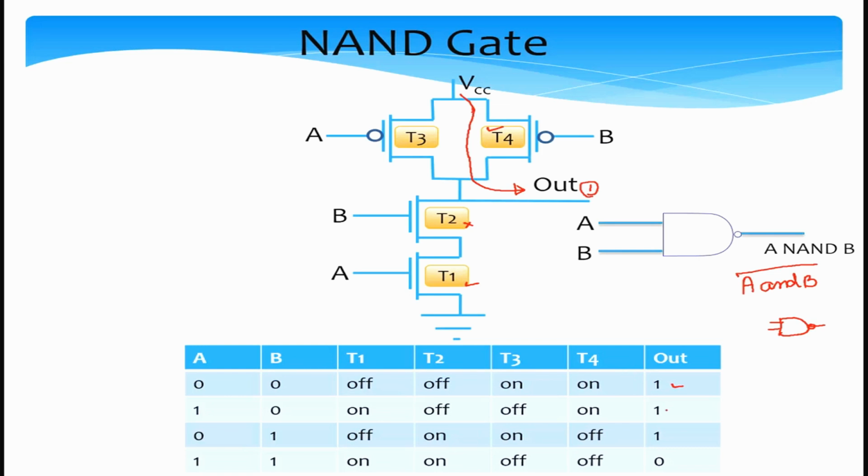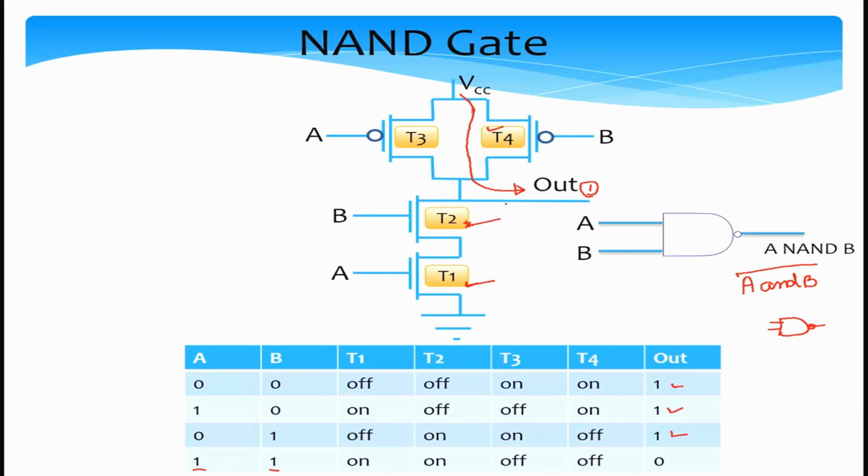I'll not be describing the other symmetric case here where A is 0 and B is 1, but the logic is very, very similar. So in this case also the output is a logical 1. Let us now consider the case where A is 1 and B is 1. That's important because when A and B is 1, A NAND B has to be 0. If A is 1 and B is 1, the transistor T1 conducts and transistor T2 also conducts.